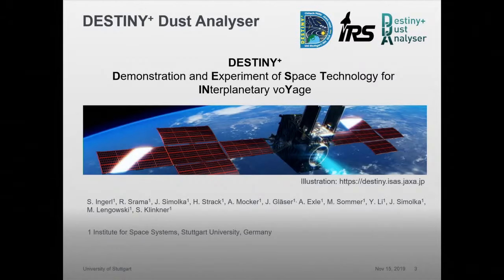Okay. So Destiny Plus stands for Demonstration and Experiment of Space Technology for Interplanetary Voyage. It's a Japanese mission, and we as a German institute deliver the Destiny Plus dust analyzer instrument.